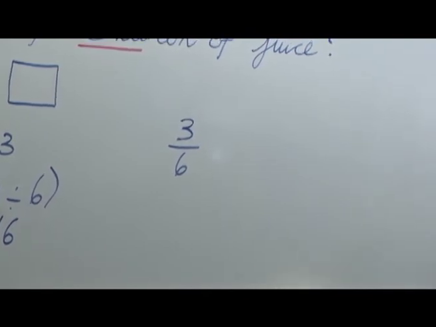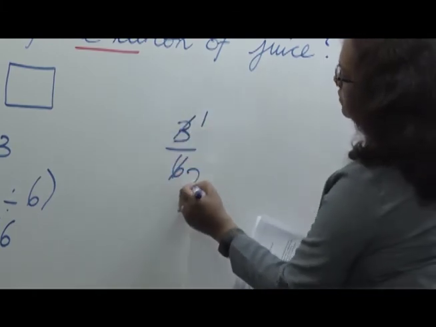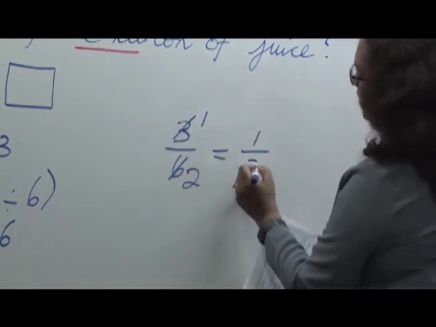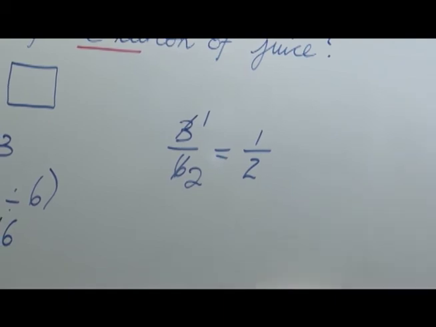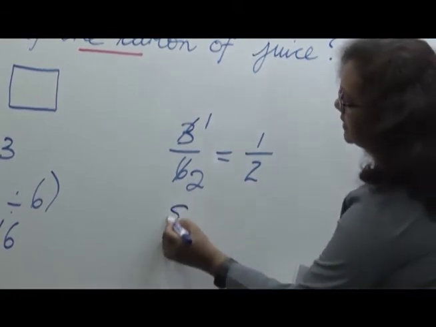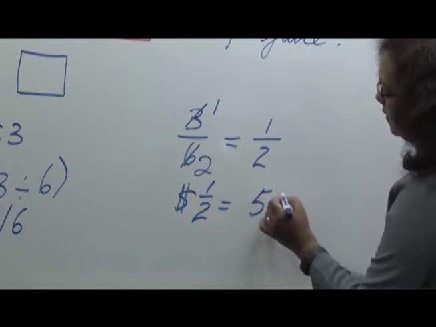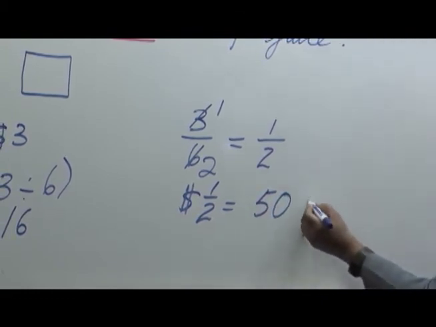Of course, it is a fraction. And I can reduce this fraction to a half. So really, what I have there is half of $1, which is, what is half of $1? That is equal to 50 cents.